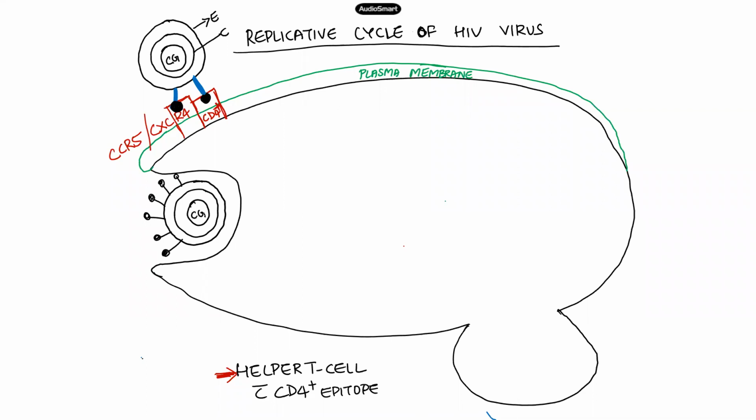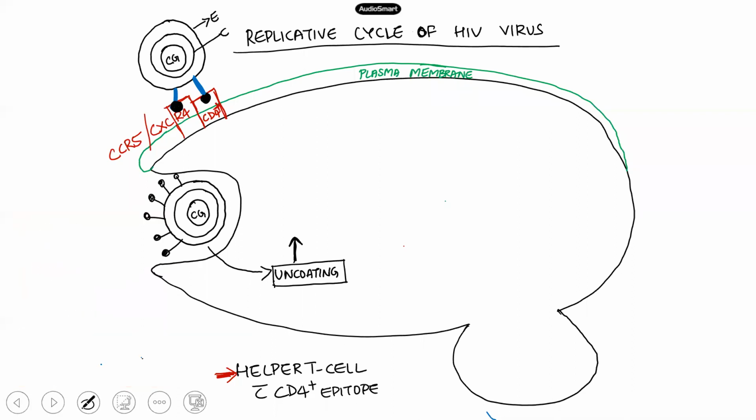Now, after this, what happens is the virus goes inside and starts the process of uncoating, in a similar way as we discussed about the RNA viruses in the previous class. So after the process of uncoating gets over, it proceeds towards the actions of the different enzymes that the virus has.